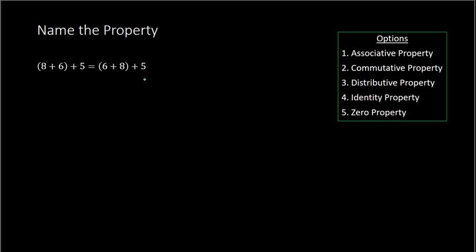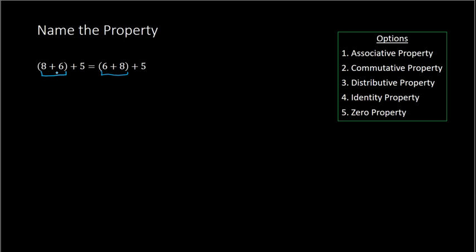Now this one, just be careful because the temptation is you see parentheses and you might just automatically assume, oh, that's going to be associative because associative has to do with parentheses. Well, that is true, but that's really not the property we have here, because if you look at the parentheses, the grouping is not changing, right?